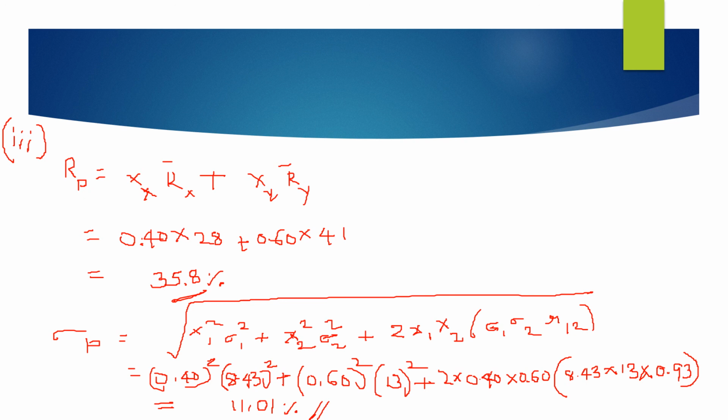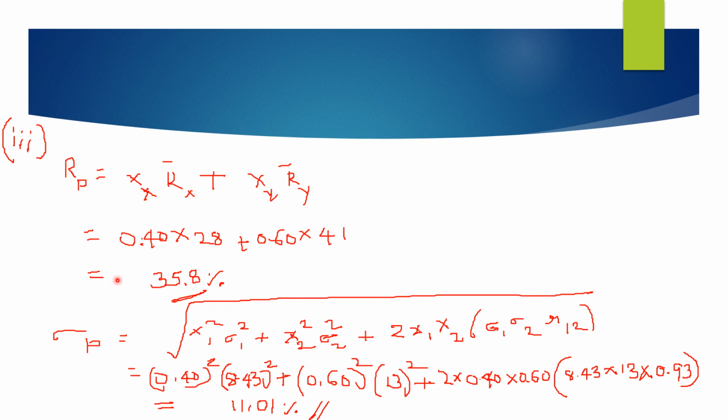For the first stock it is 40% and for the second stock it is 60%. That is 0.40 into 28, values we already calculated in the beginning, the same values we are substituting. Plus 0.60 into R bar y, that is for the second stock, 41.